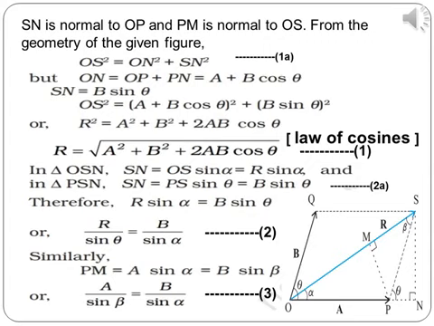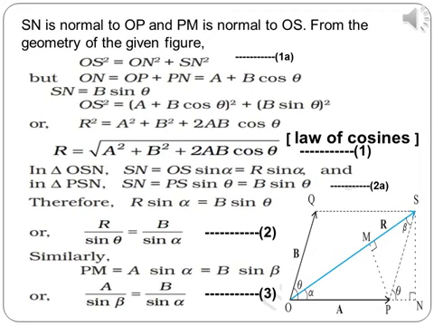The expression 1 is called law of cosine. To get the expression 1, we have used two mathematical properties. The first one is (A plus B) all square is equal to A square plus B square plus 2AB. The second one is the trigonometrical property, that is sin square theta plus cos square theta is equal to 1.